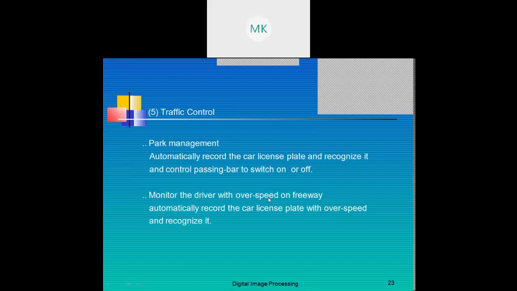Next is park management. Automatically it records the car license plate, recognizes it, and controls the passing bar to switch on or off. Monitor drivers with overspeed on the freeway. Automatically record the car license plate with overspeed and recognize it.